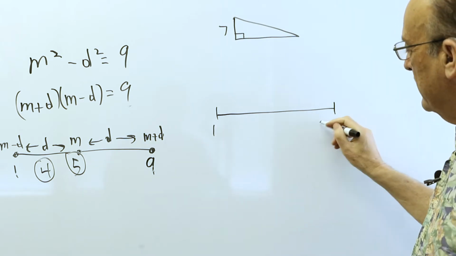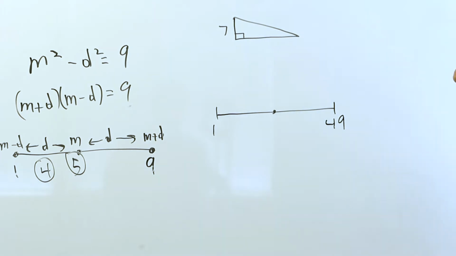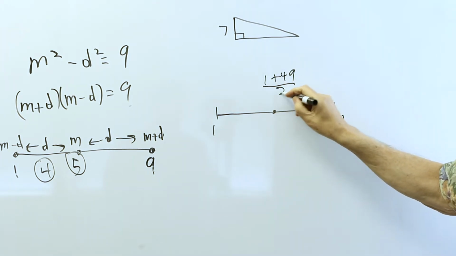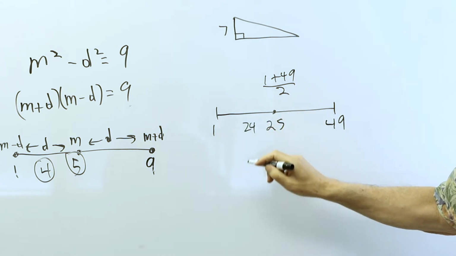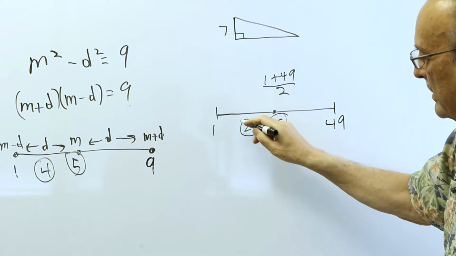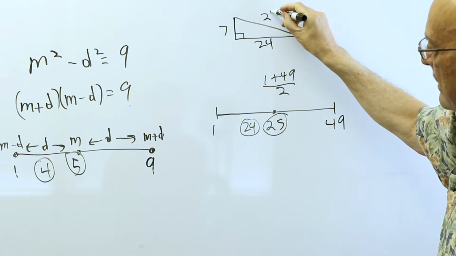So again, it's 1 and 49. So in the middle, it's going to be 1 plus 49 divided by 2, which is 25. 25 minus 1 is 24. So these are the other two sides. We have a leg of 24 and a hypotenuse of 25.